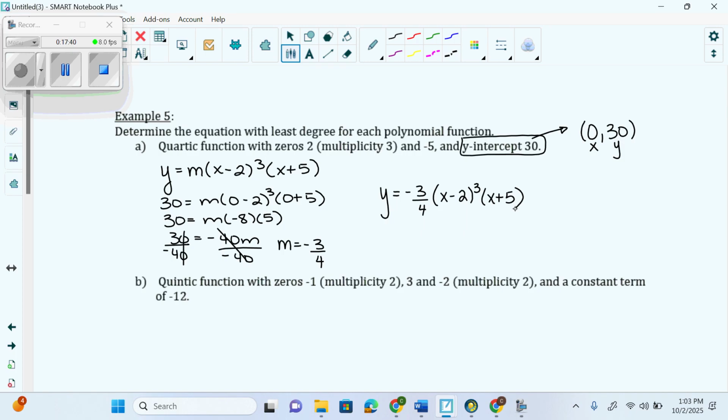Okay, sometimes they ask the question like this. They'll say, determine the equation of this quartic function in the form y equals ax to the 4 plus bx cubed plus cx squared plus dx plus e. And some people want to fill it right into that. You can't.